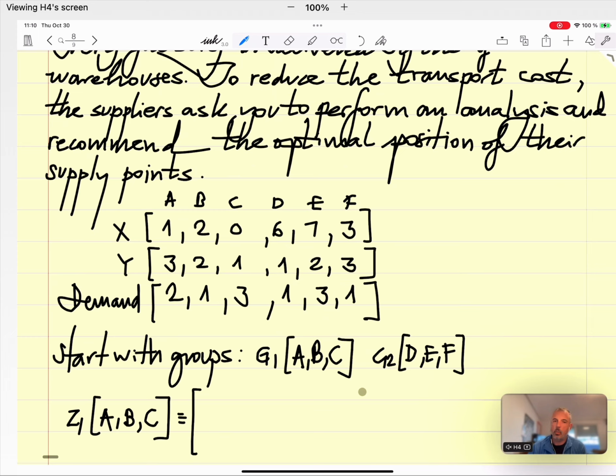It's a weighted mean value, so it's 1 times 2, weighted with the demand, plus 2 times 1, plus 0 times 3, divided by 3.